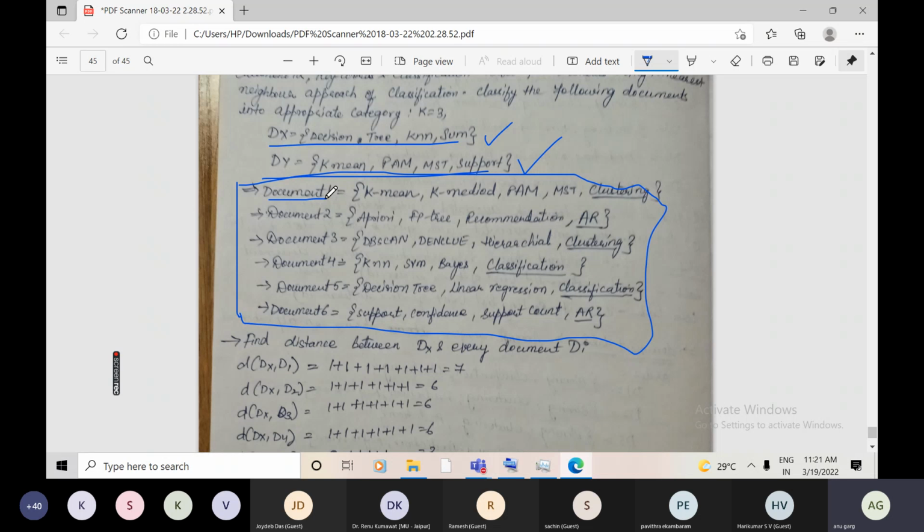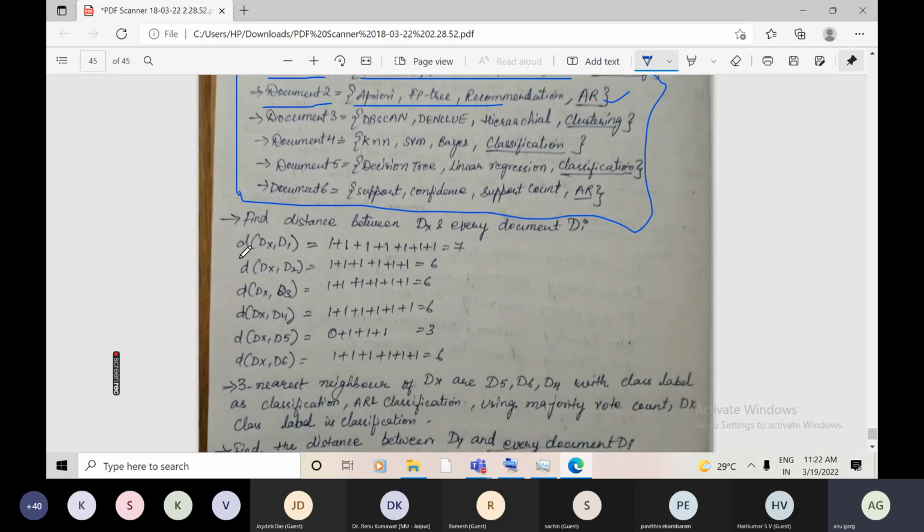For document 1, these are all the terms, and it is classified as clustering. Document 2, these are all the terms, and it is classified as augmented reality. Now we have to classify dx and dy based on this data. For that, you have to find the distance between dx and d1, dx and d2.